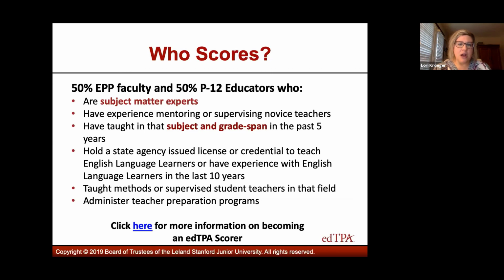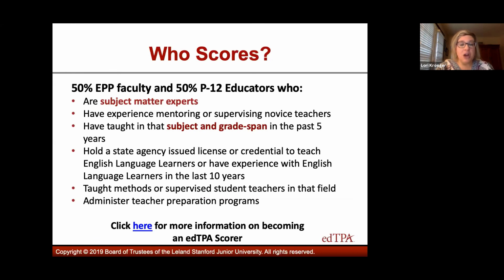They also need to hold, and this is for California, a state agency license or credential to teach English language learners, or have experience with English language learners in the past 10 years. And again, that's because of the requirement for candidates to include an English language learner in one of their focus students. So anybody who is scoring a California candidate portfolio will also have that additional experience.